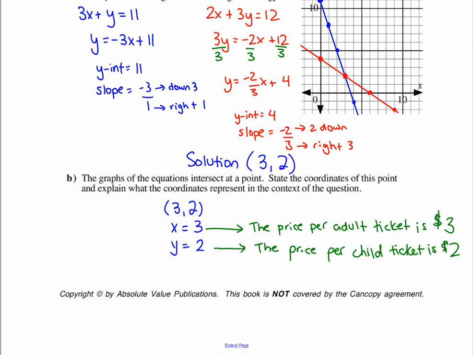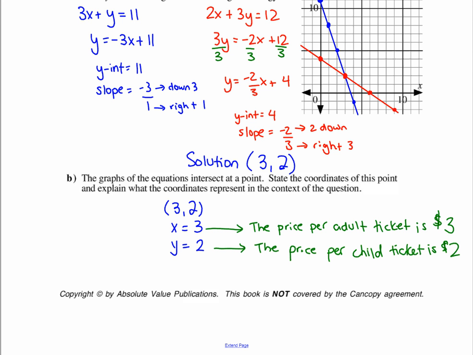So all of these red dots that I put on the red line, all of those coordinates, every point on that red line, satisfies that equation. Anything on that line satisfies it. Anything on the blue line, any of those blue points, satisfy the blue line.